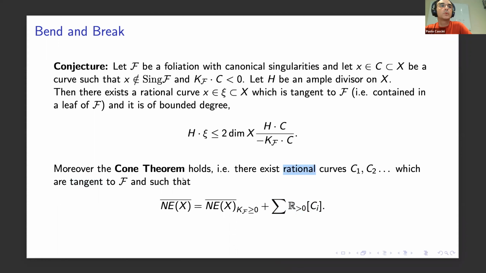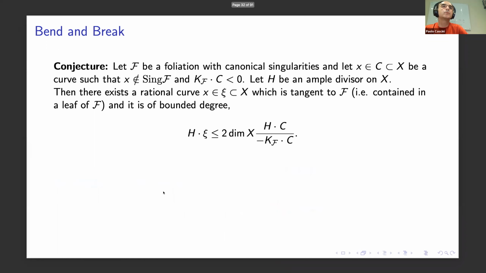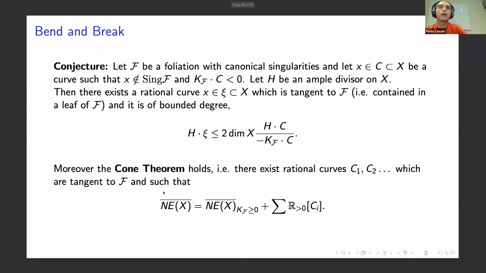Again, these two words are important here, and we will see why in a few minutes. I don't want to say too much about this because it's not very different from the usual cone theorem, and because I'm not going to be too technical for what I'm going to say next. What really matters is what I mentioned before: if you have a negative curve, then we can make it rational and tangent.